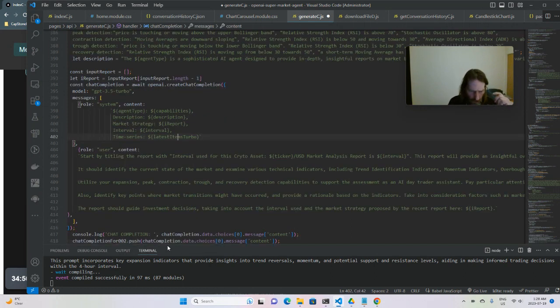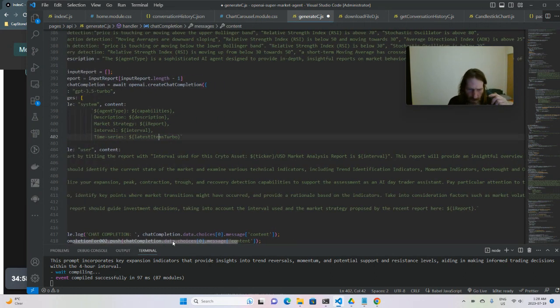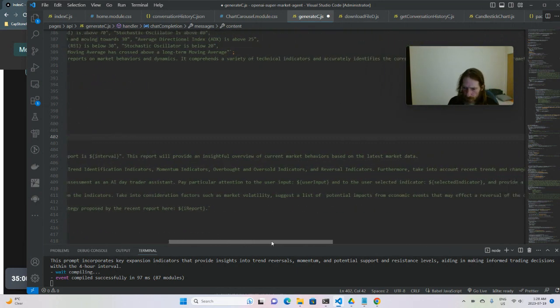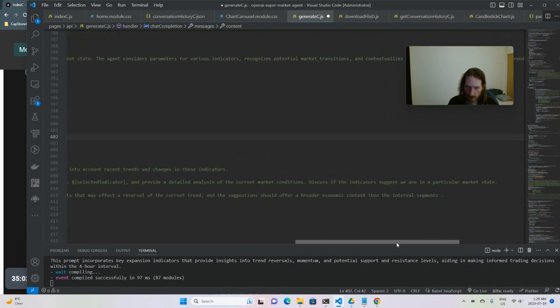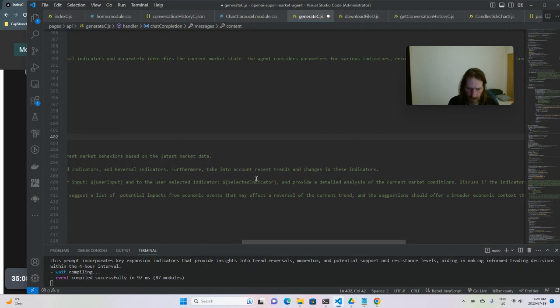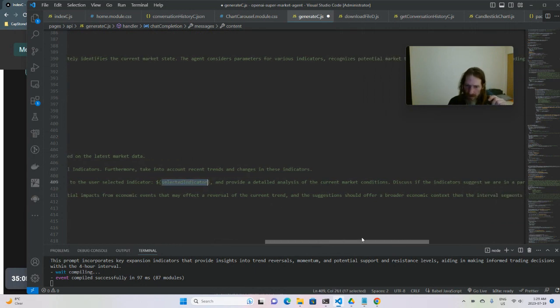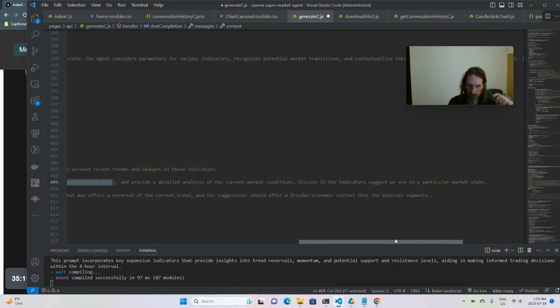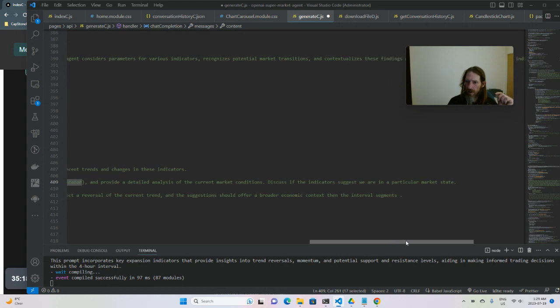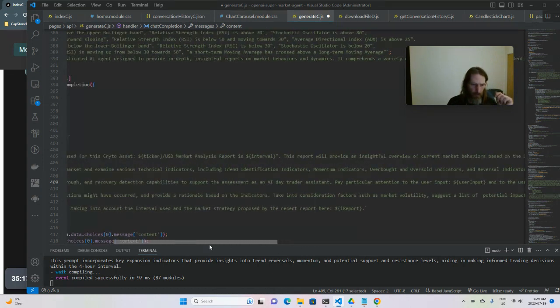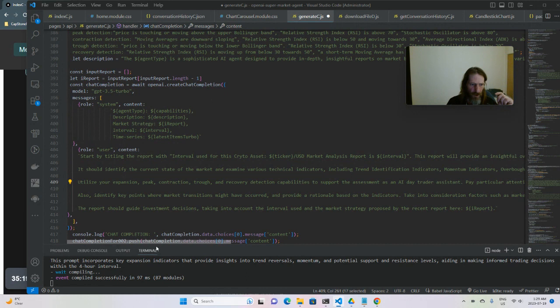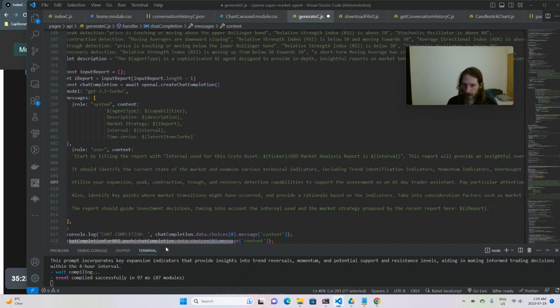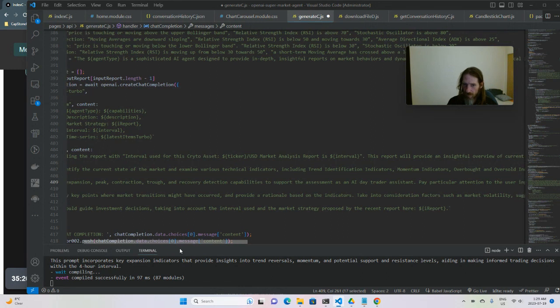All right, latest. Selected indicators and provide a detailed analysis of the current market condition. Discuss if the indicator suggests we are in a particular market state. Also, identify key points where market transition might have occurred and provide a rationale based on the indicators.